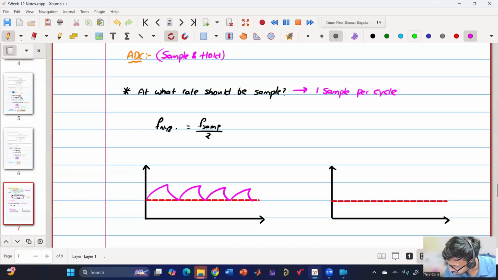So in this case, I'm taking the sample at the valley point. So the valley point is regulated at the reference, which is this V reference. Here also this is V reference, and this is V naught, of course. Now if I'm taking the sample at the top point, then the waveform will look like this.